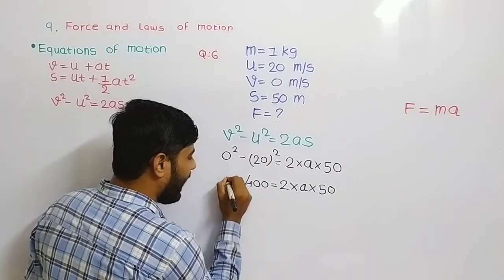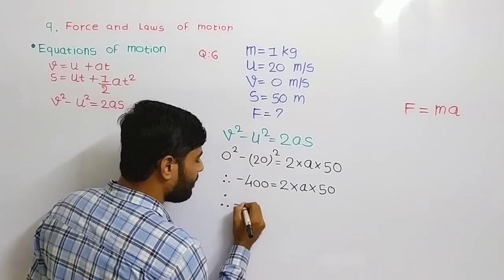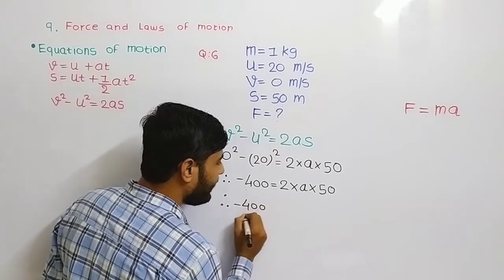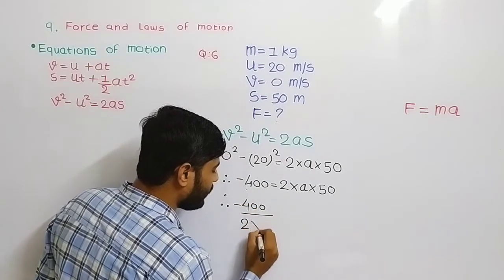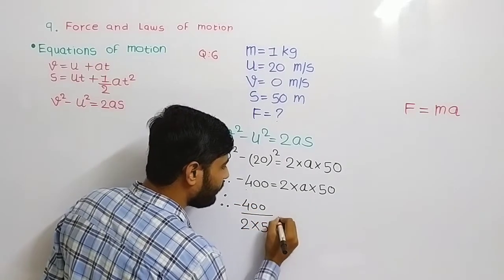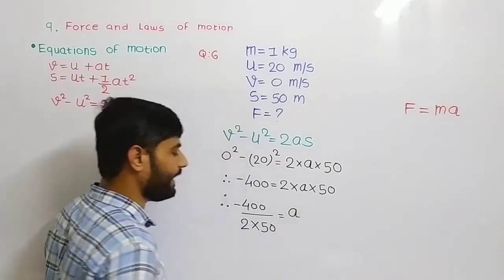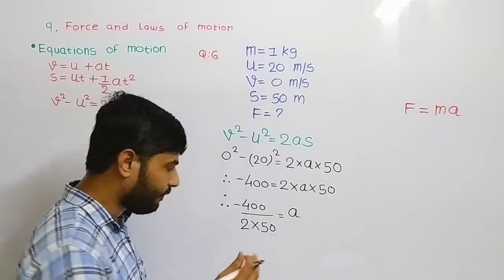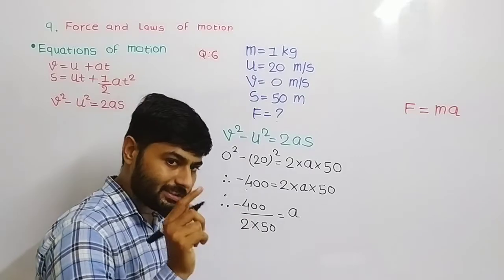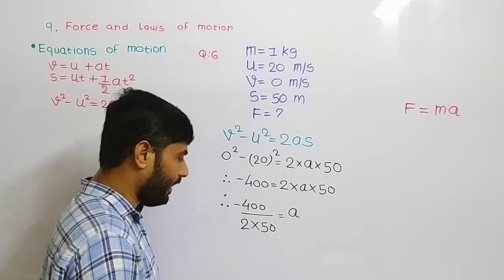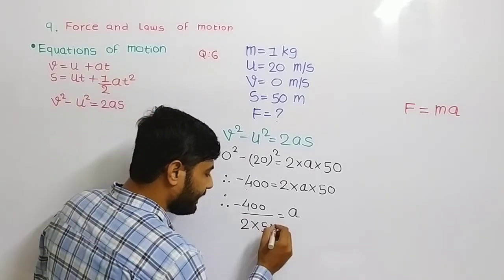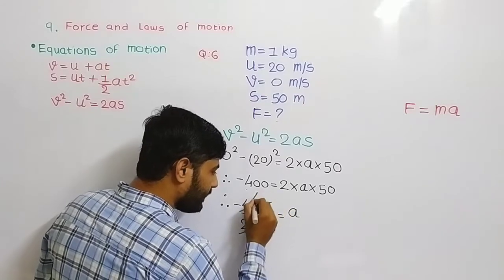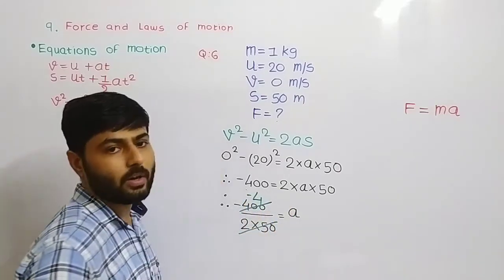Therefore I have minus 400 divided by 2 into 50 is equal to a. 50 into 2 is 100, and 100 into 4 is 400.